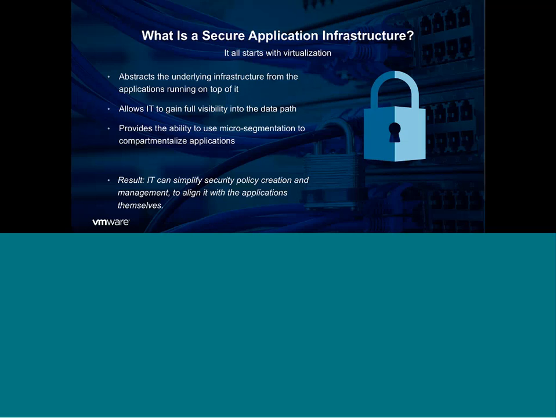And then, the secure application infrastructure needs to provide the ability to use microsegmentation to compartmentalize applications. We talk about zero trust, right? Zero trust is a Forrester term. Zero trust essentially means that we assume that everything is a threat and we act accordingly. A zero trust security architecture is very synonymous with network least privilege.